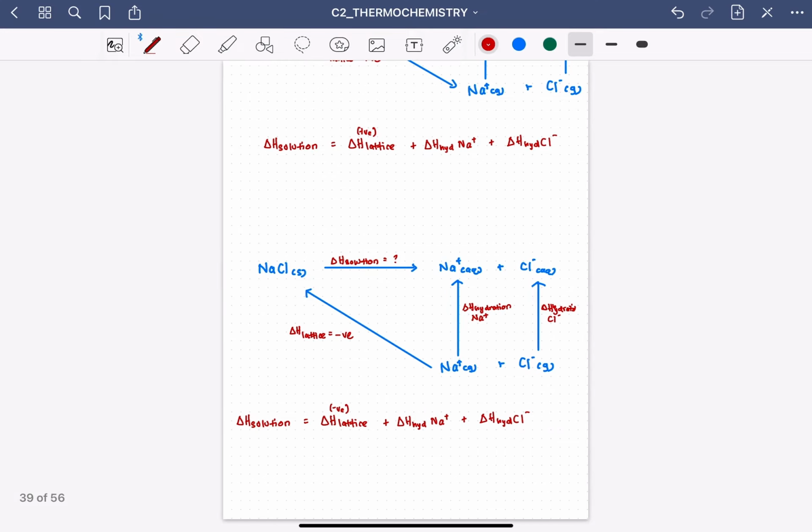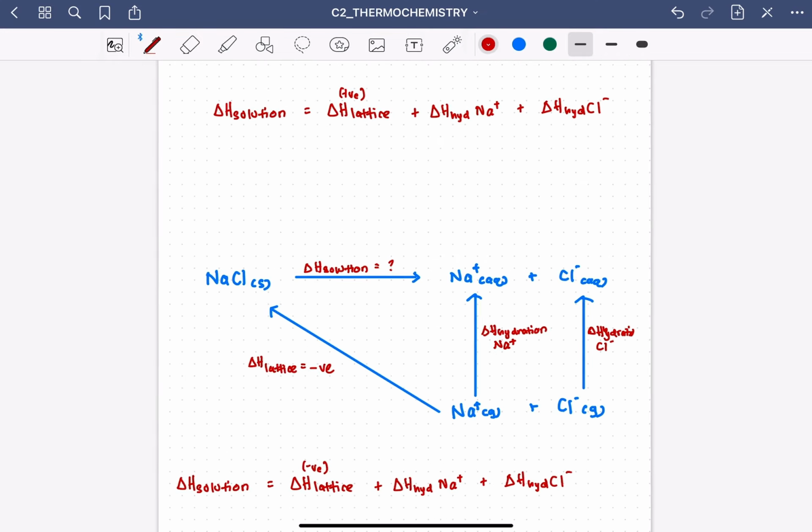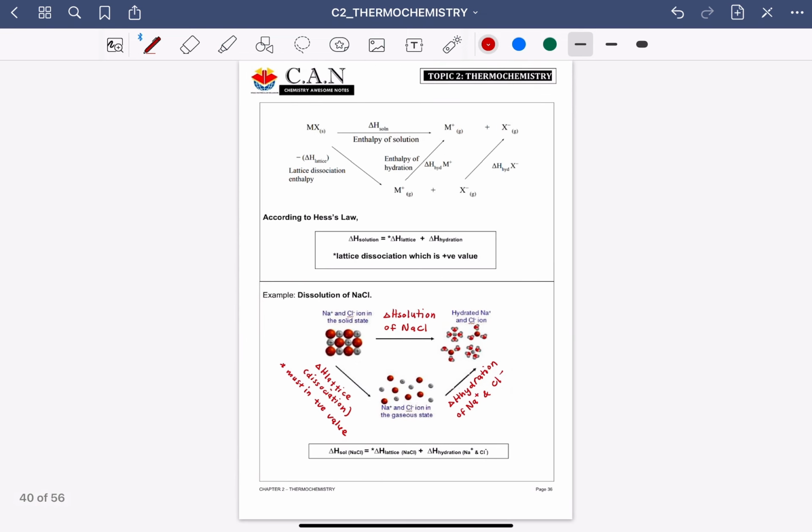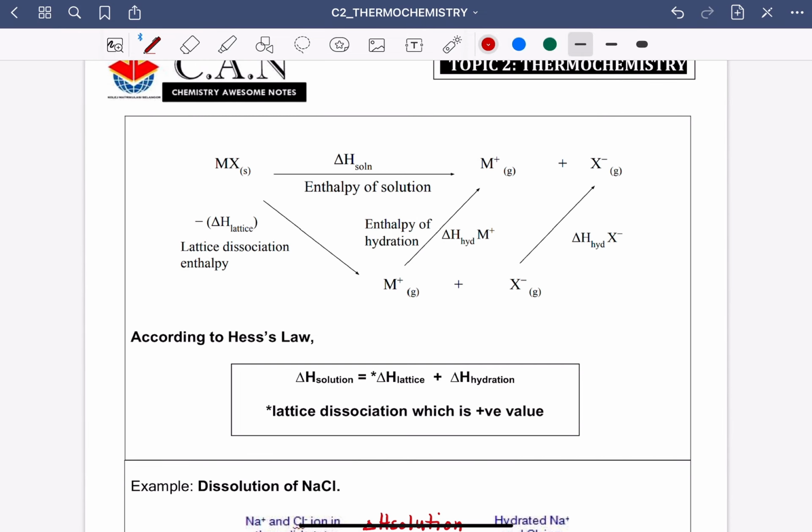Okay, so I will give you this later on in the group. Okay, so you have to understand that if you want to explain about enthalpy of solution, it is related with lattice dissociation enthalpy and also enthalpy of hydration.